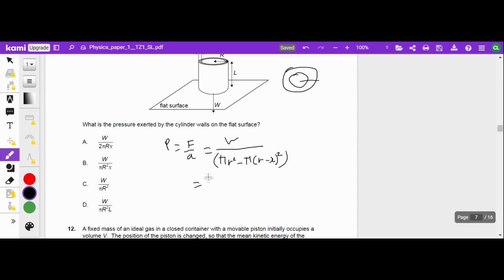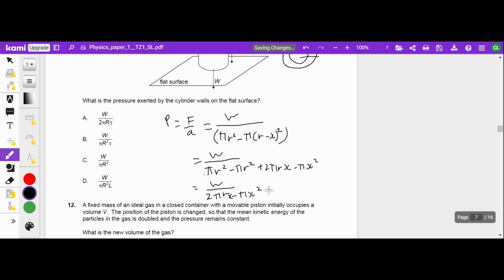So then we can expand this to weight over pi R squared minus pi R squared plus 2 pi R x minus pi x squared, which equals W over 2 pi R x minus pi x squared, because these cancel. That equals W over 2 pi x (R minus x).